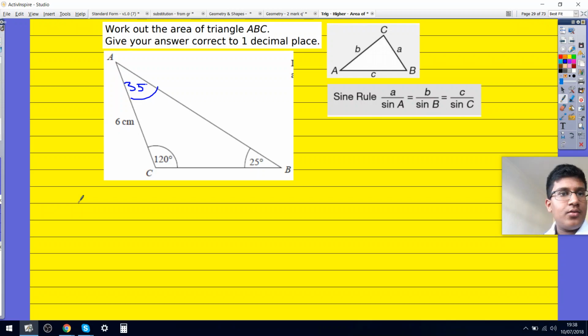How else can we find the missing side in a scalene triangle? We could rearrange the area formula, but we don't.